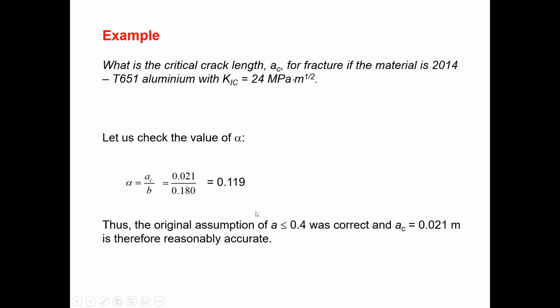If you get the ratio above 0.4, this is not a, actually this should be alpha again. This is wrong. If that ratio is above 0.4, you are in trouble because you can't use that particular condition there, so you need to use a different equation.